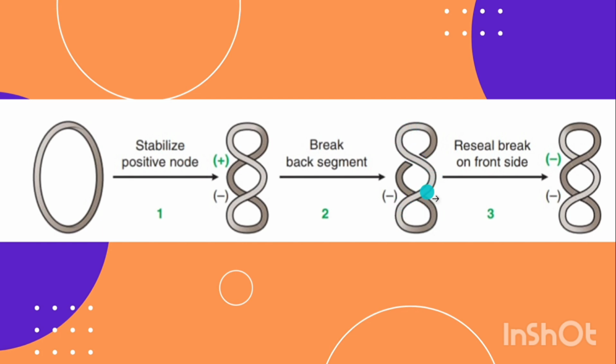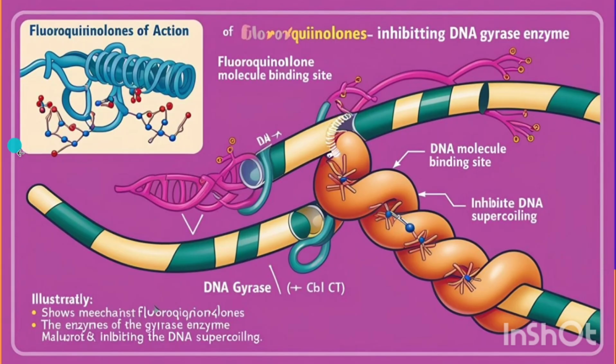Then again the A subunit reseals the DNA on the front side. Here you can see the breakage and here you can see the resealing of the double helical strand after causing negative supercoiling. So this is how the bacteria uncoils itself to form new daughter DNA strands.